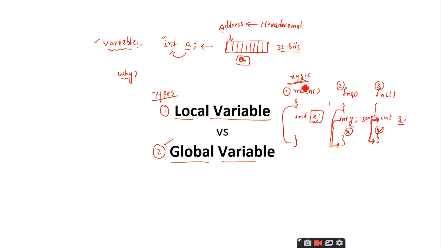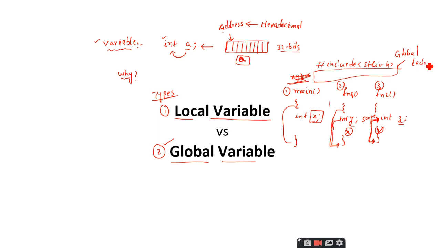If you take the same program xyz.c, before main we have one section called preprocessor directive, hash include stdio.h. After this, you can observe the structure of a C program. The first one is preprocessor directives, and the second section is the global declaration section.